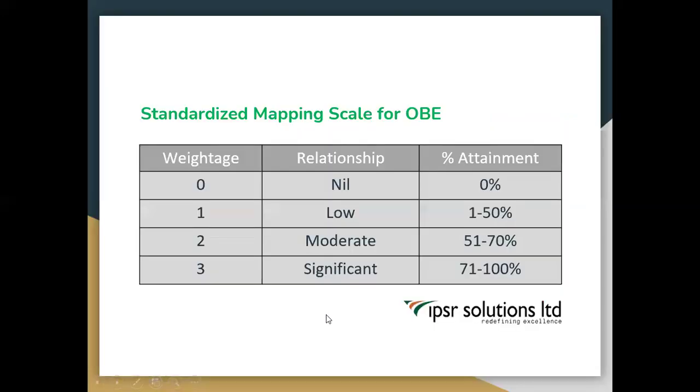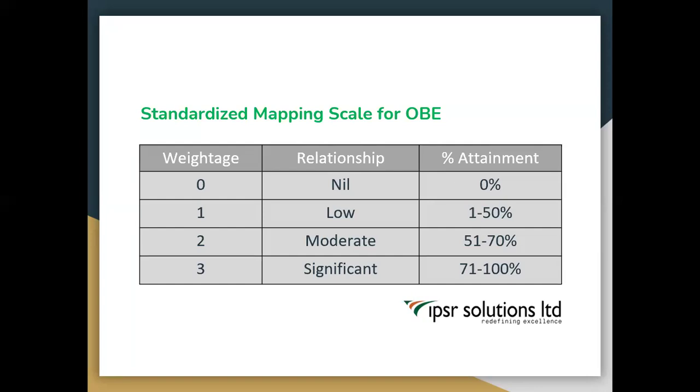Now, this is a standardized mapping scale we can use for the mapping and also for calculating attainment. If there is no relationship or 0% attainment, weightage is 0. The interval can also be changed according to the policy of the institution.